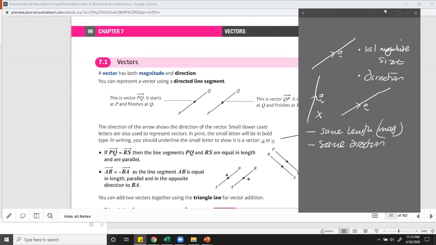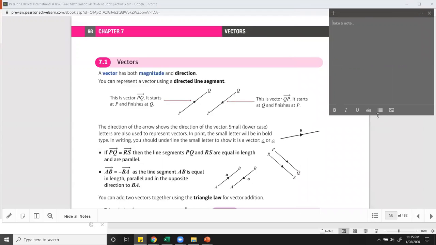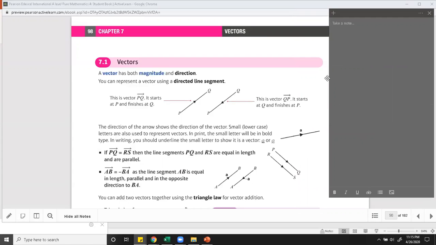Okay, so I'm going to get rid of that one, because we'll probably not use it again. Now, the direction of the arrow: if PQ was A here, then QP would be minus A because it's going against the direction of the arrow.